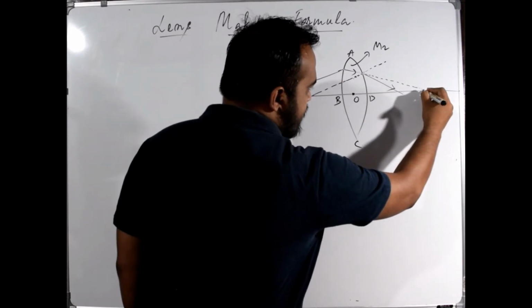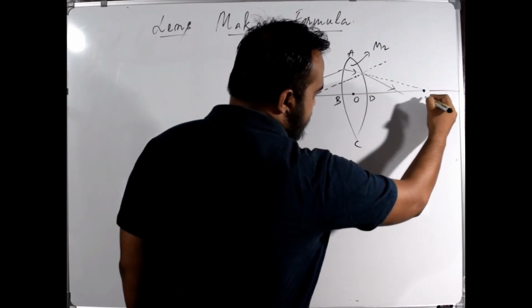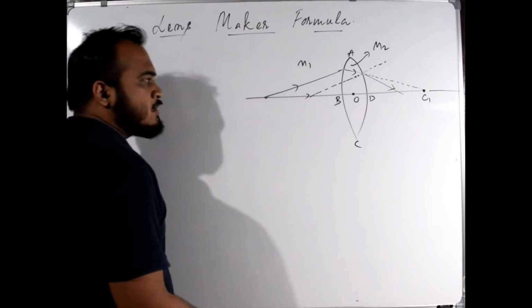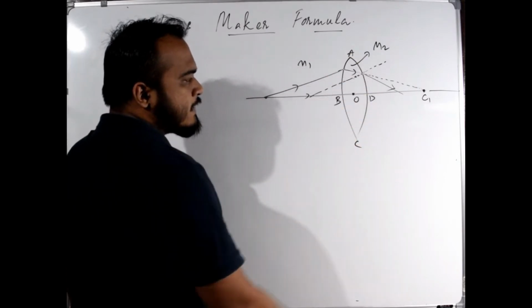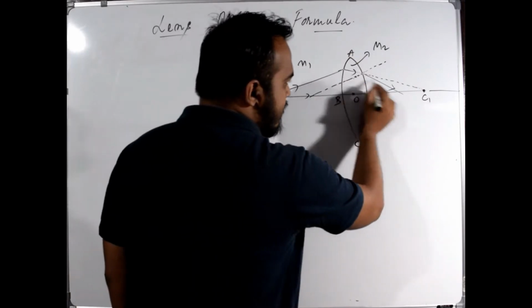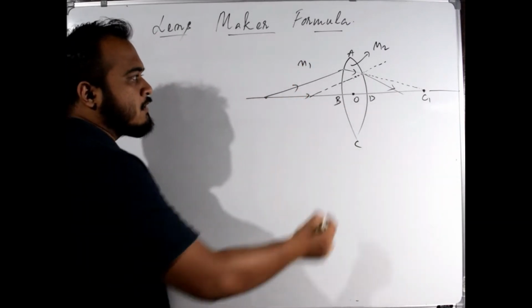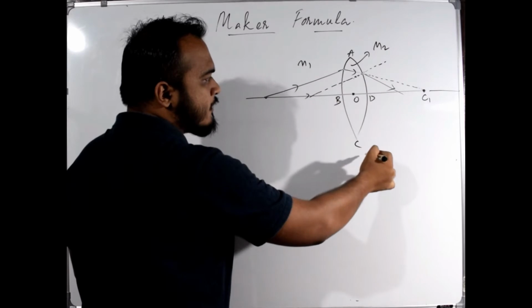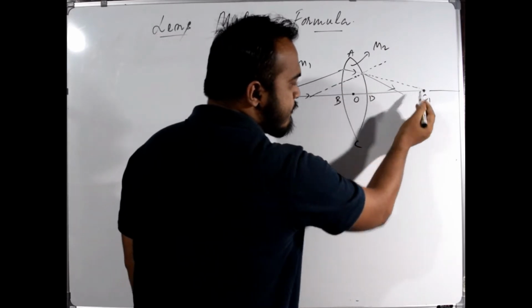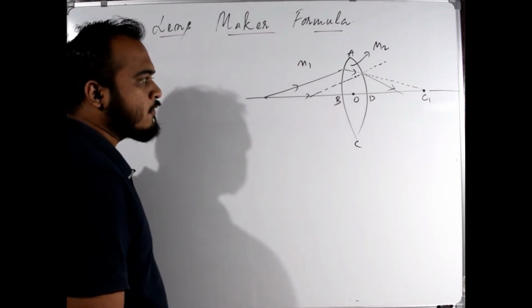This point we are saying to be C1, because the normal on any spherical surface always meets the principal axis at the center of curvature.